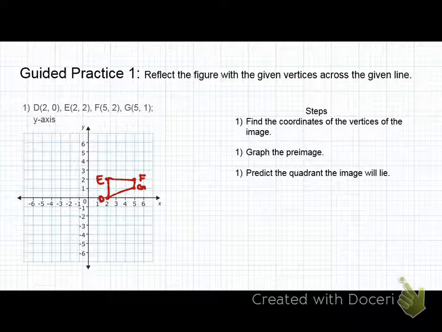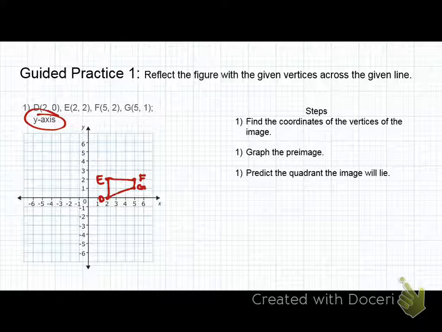Look at the rules. It's saying, I want you to reflect it off the what axis? The y-axis. Okay, let's all look at the rules from your notes. How would you get it to reflect across the y? What would you change, everyone? The x or the y?